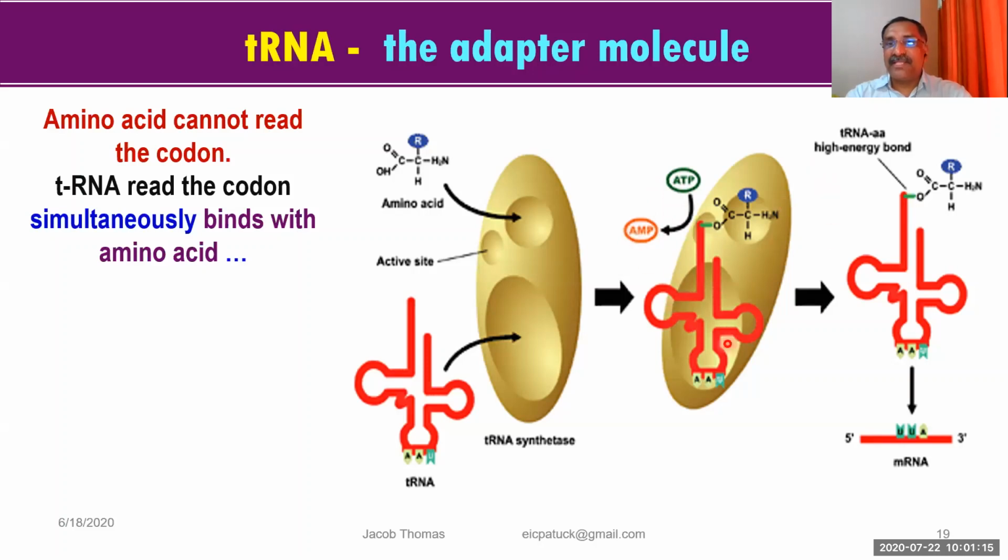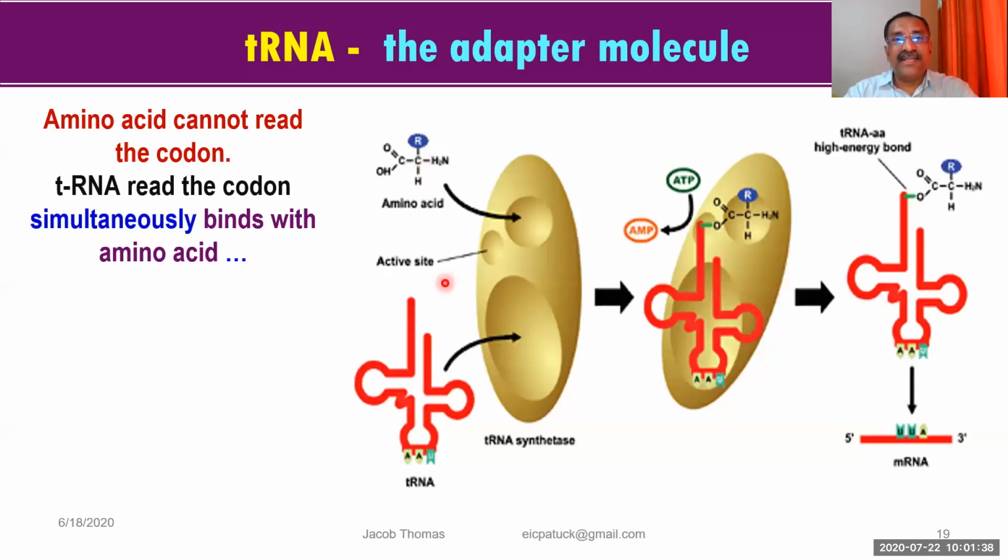And then a complex is formed. This complex we call the aminoacyl transfer RNA complex. This amino acid can attach to our transfer RNA, but it cannot go and read the messenger RNA.